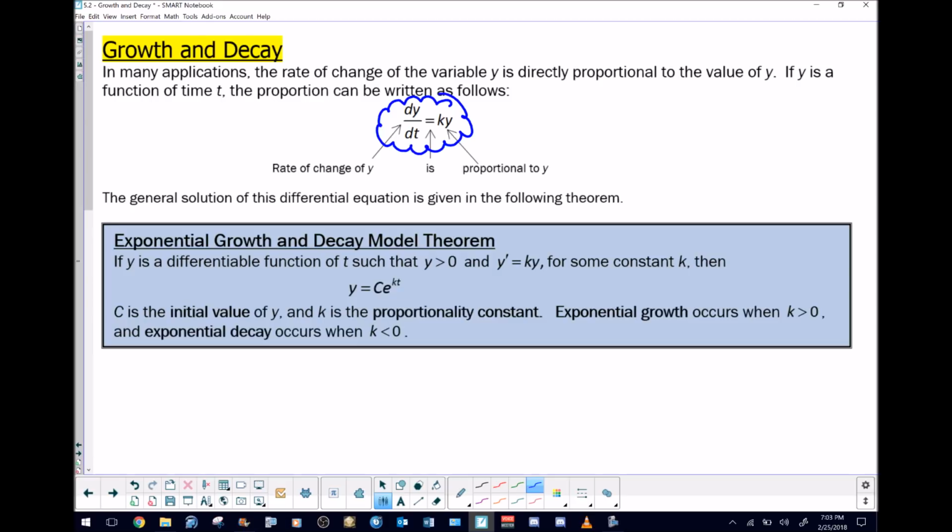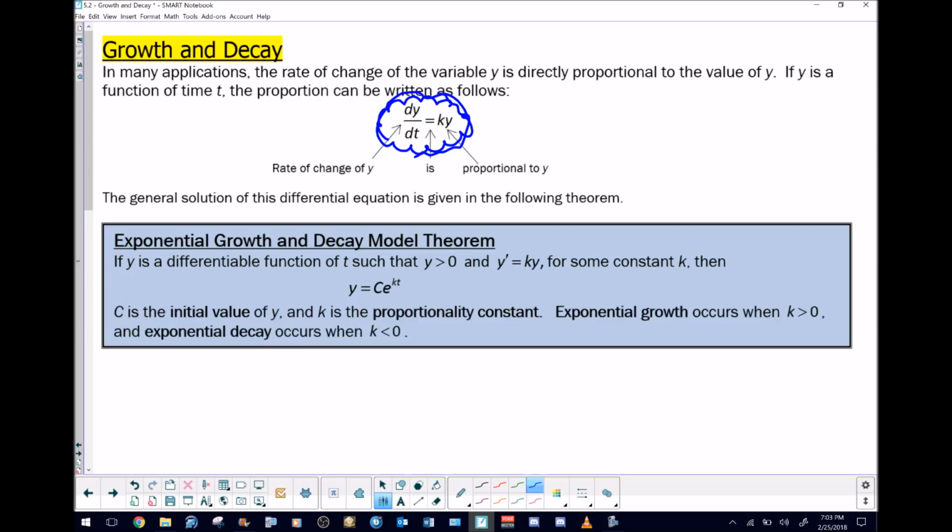If y is a differentiable function of t and y is positive, and we know that this derivative relationship up here is intact, then we can say that y is equivalent to some constant C times e raised to the kt power. Sometimes we affectionately call this Ce^(kt).